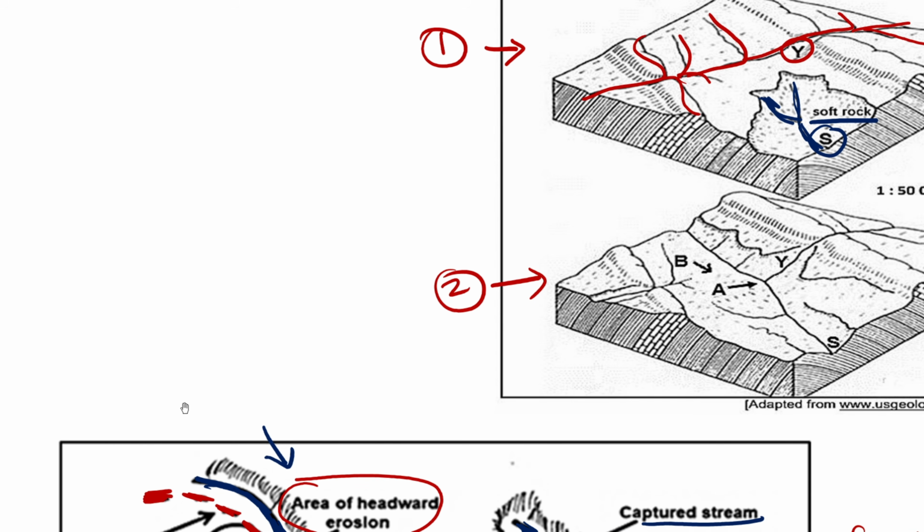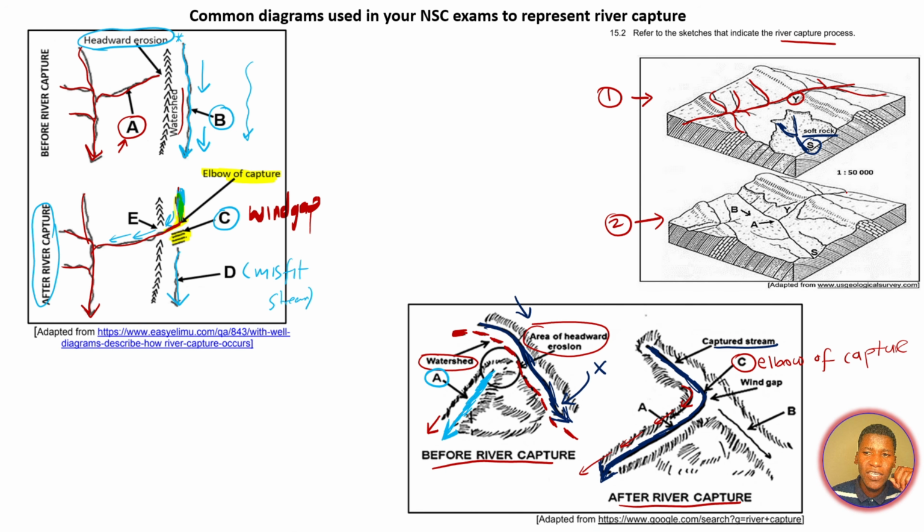And you can see that in the second image, that is the true case. Stream Y has been captured. So stream Y, here it is, and now it changes its direction. It starts going towards stream S. All its tributaries will start going towards stream S. So we can say that a river capture has occurred successfully.